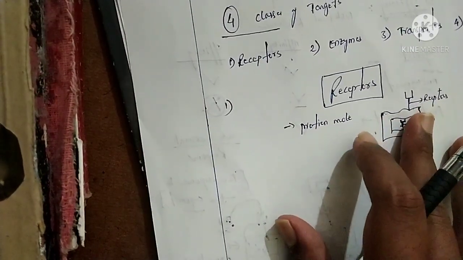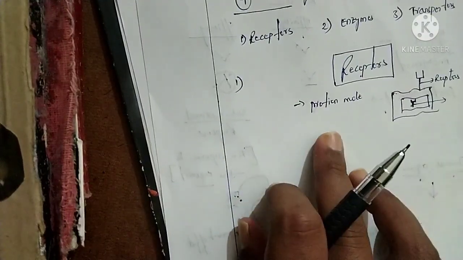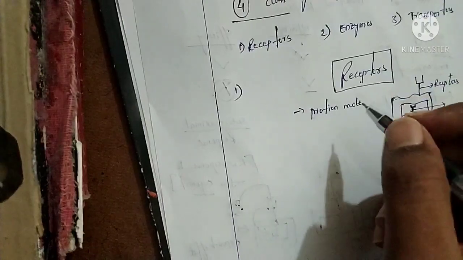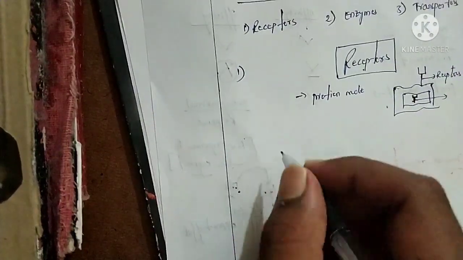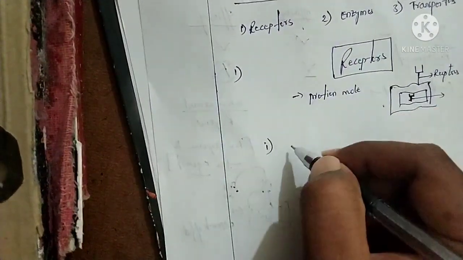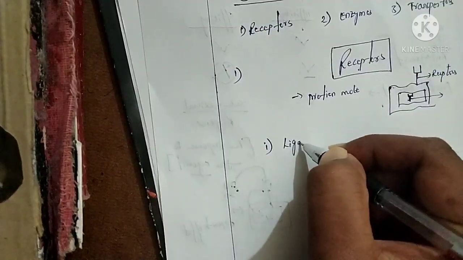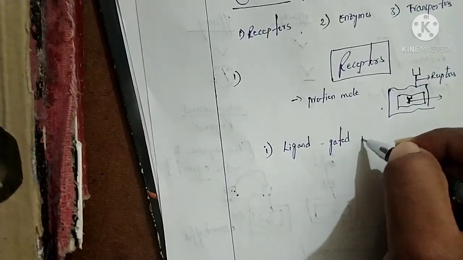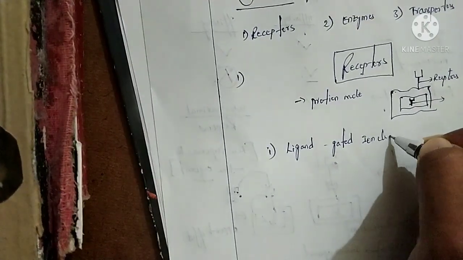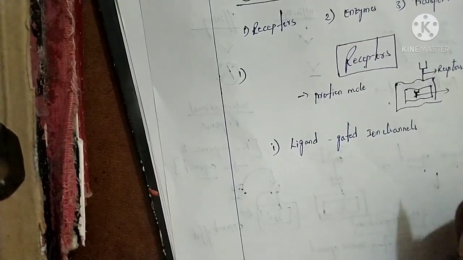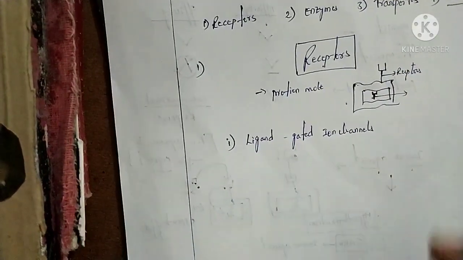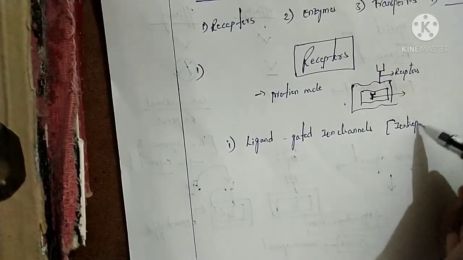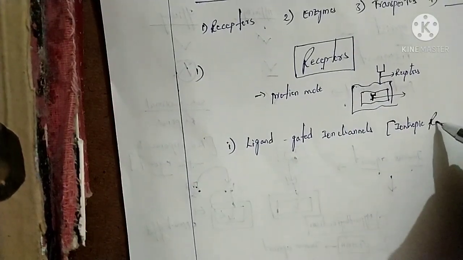Now, what types of receptors are mainly present in the body? In receptors there are mainly four subtypes. The first subtype is ligand gated ion channels, also known as ionotropic receptors.